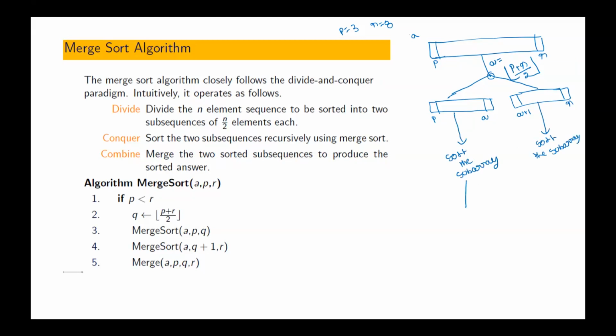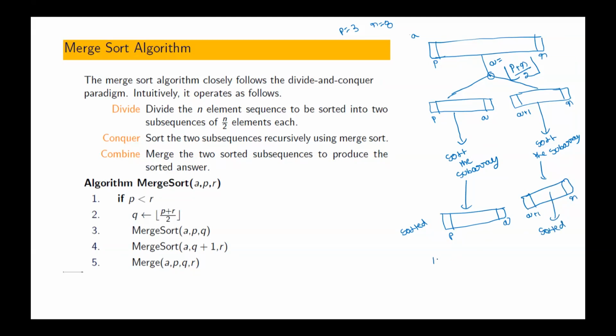Then we will get sorted order, no? A[P..Q] is now sorted. Here also we'll get A[Q+1..R], but it is also sorted.